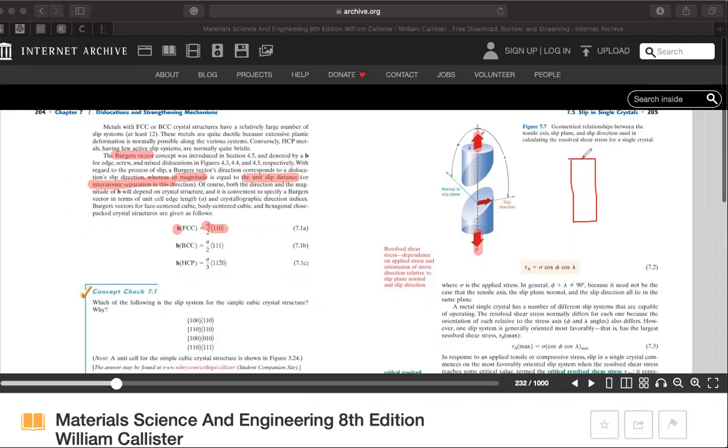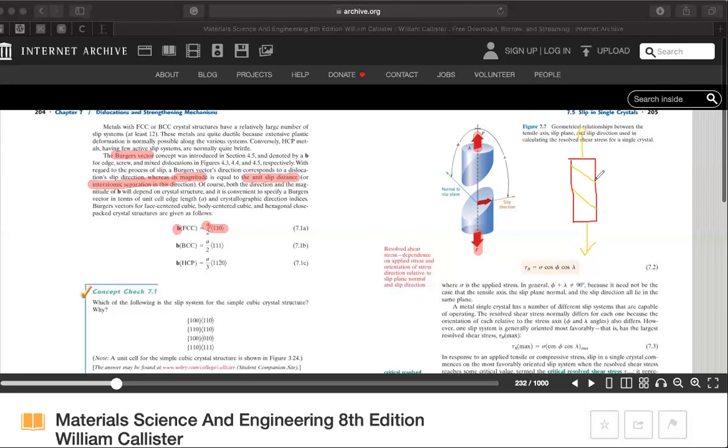We know inside a single crystalline material, we have different planes of atoms with different orientations. So what if you are applying a uniaxial stress? That stress, although it is normal to the surface, will not be normal to this plane anymore, right?